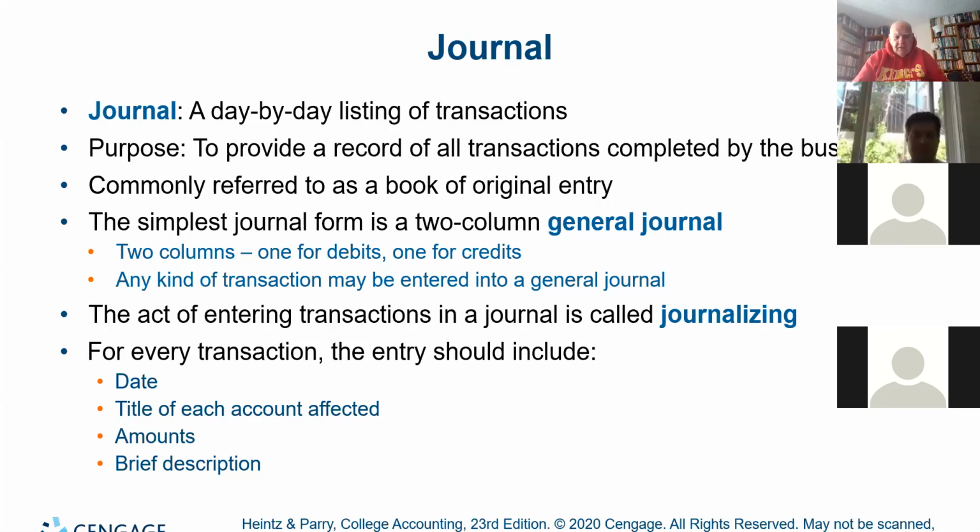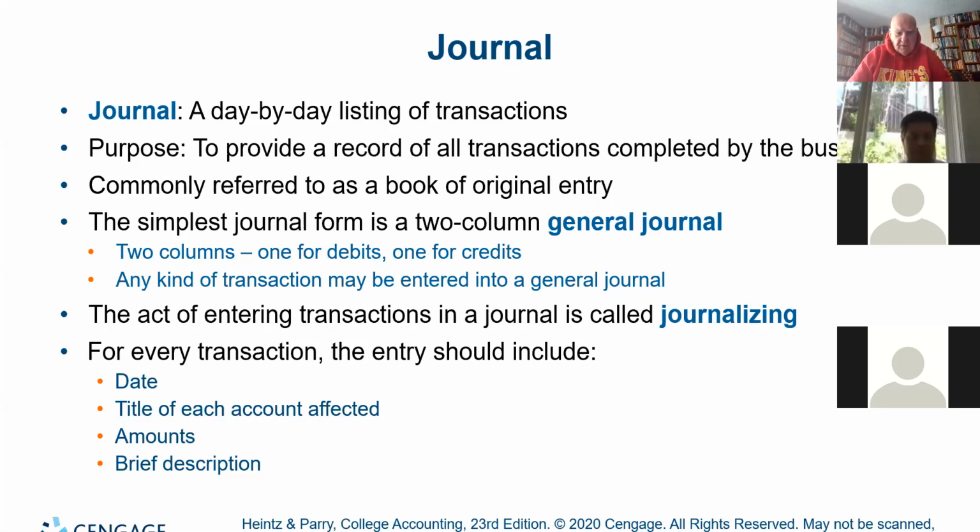And the last part, they don't really ask for you to do all the time, but it's so super important. A brief description. Every single journal entry you write should have a brief explanation. And that explanation does not have to be a paragraph or a sentence. It can be just a few words. 99% of your journal entries, you can start the description by saying to record.